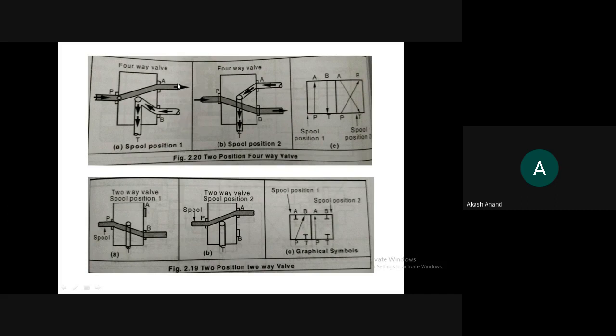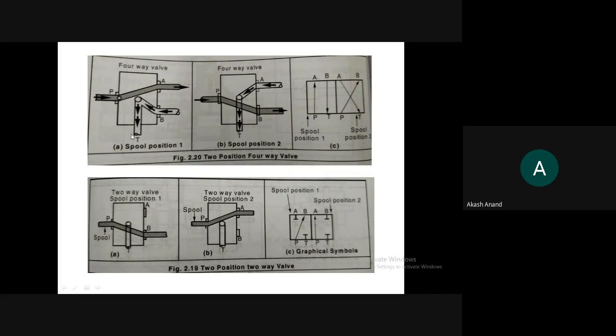This is how you should imagine an actuator at the right side here. Imagine a linear actuator. When pressure is given as inlet and fed into port A, it will enter from one side of the linear actuator. At the same time, the piston has to move in the opposite direction, so that the fluid from port B will enter into the control valve.